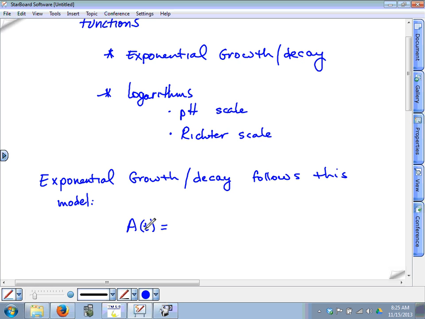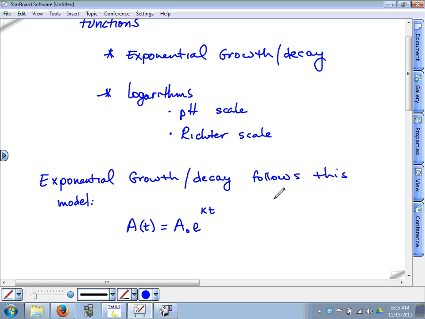The amount at any given time t, that's what A of t means, is equal to A sub naught, that means the initial amount, times the base of e raised to a power of k times t. That's a subscript of 0.